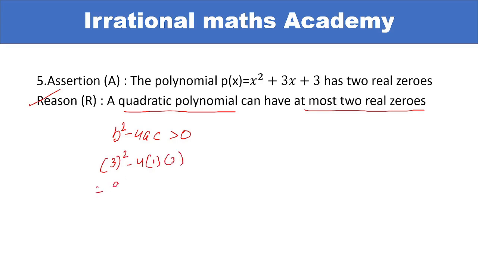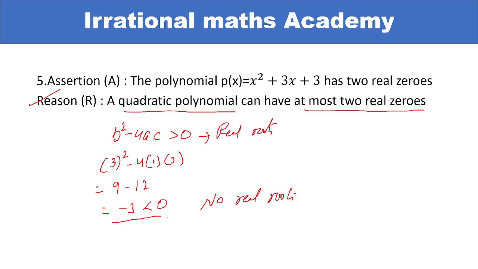So what I'll get here? 9 minus 4 3s are 12. Minus 3 I'm getting. When my discriminant value is less than 0, no real roots. If it is greater than 0, then we'll have real roots.